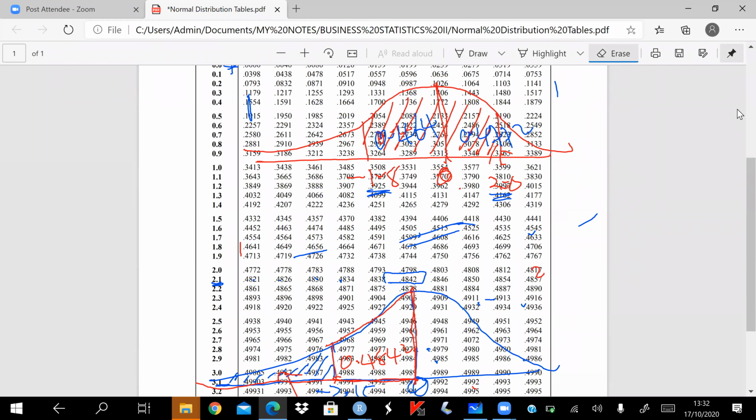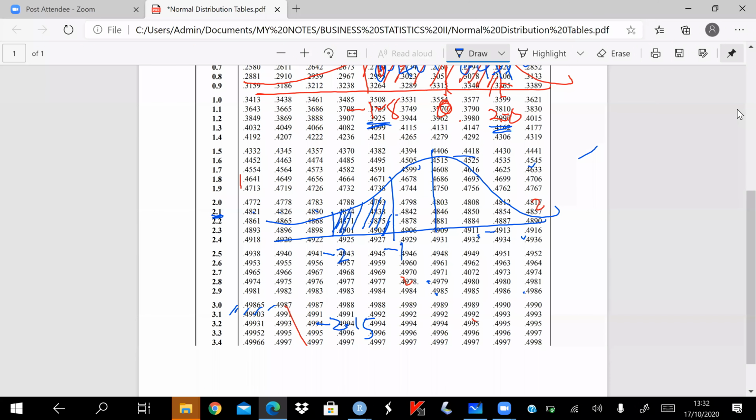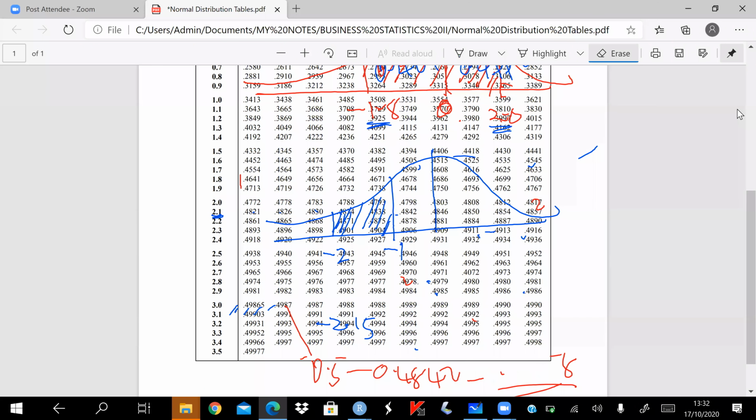But sometimes you find that the 2 points are on the same side, on the same half. So let's say you have something like this. This is -1, and this is -2. So you want this area. So this area, you will get it through subtraction.